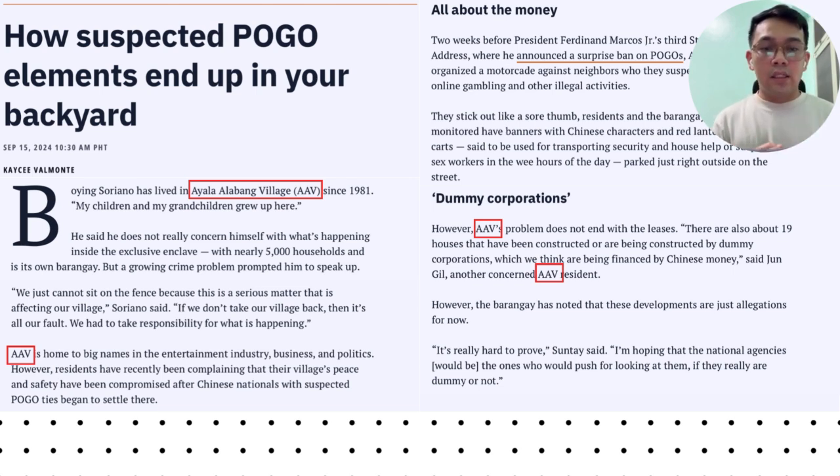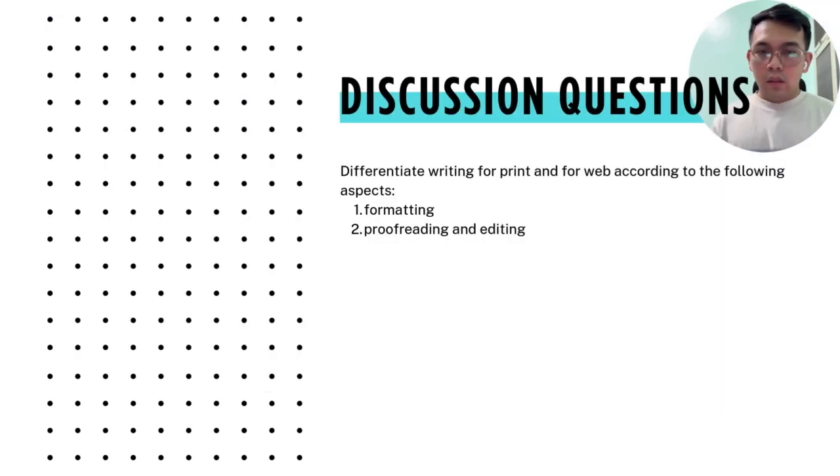So it indicates that the AAV, when used in the succeeding parts of the article, refers to Ayala Alabang Village.